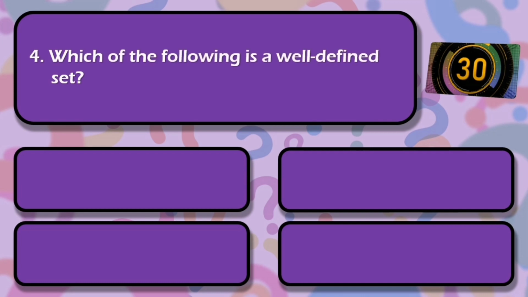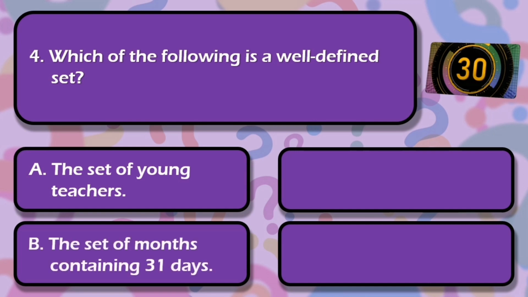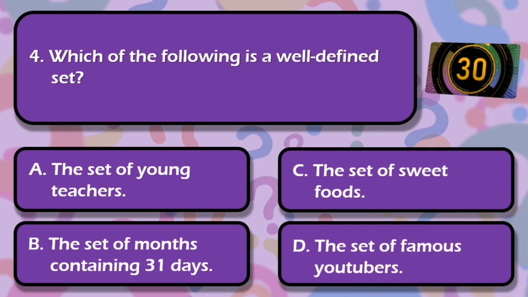Number 4. Which of the following is a well-defined set? A. The set of young teachers. B. The set of months containing 31 days. C. The set of sweet foods. D. The set of famous YouTubers.